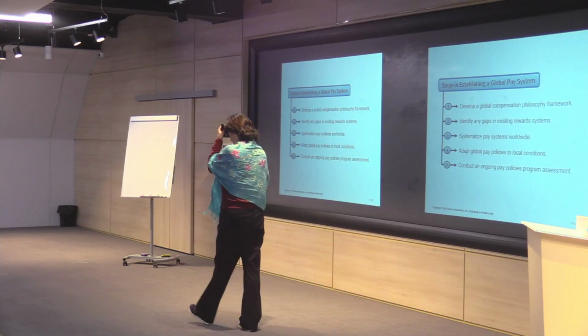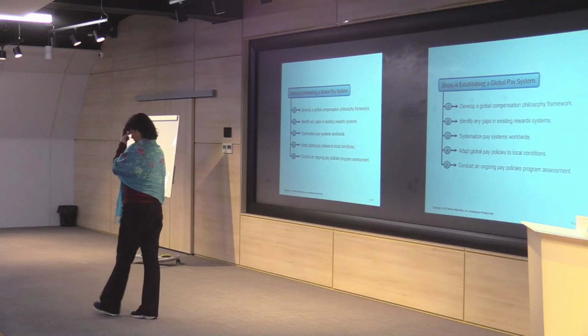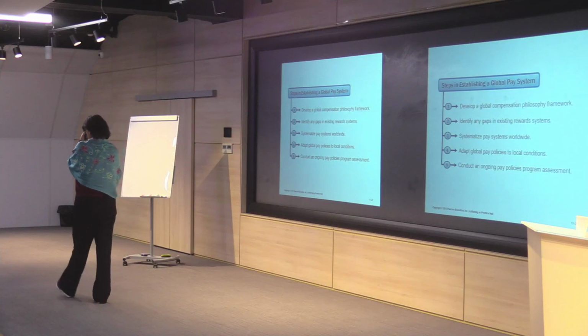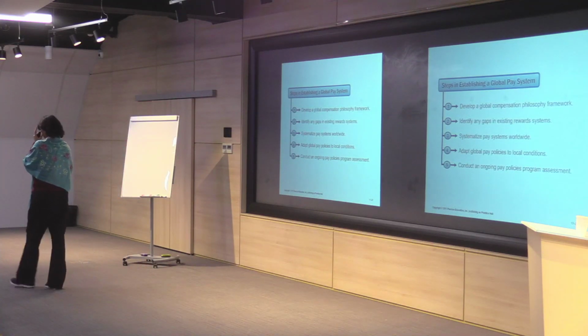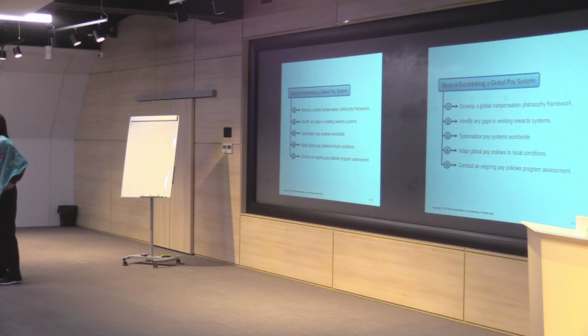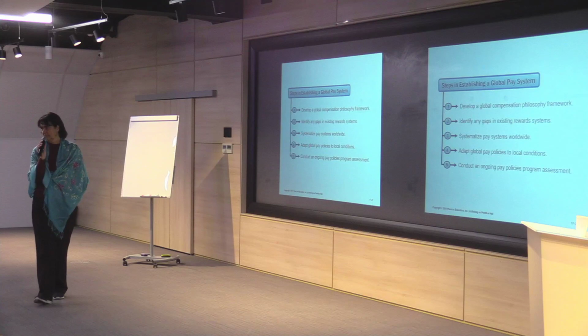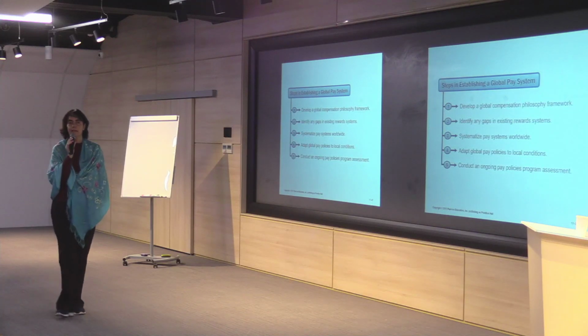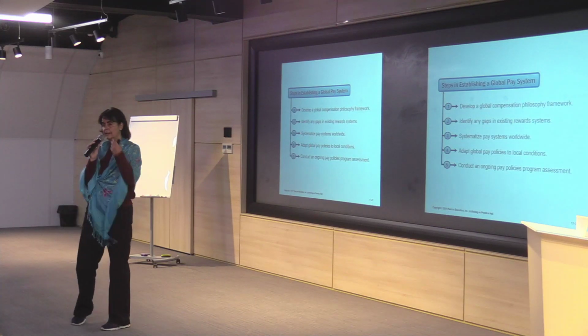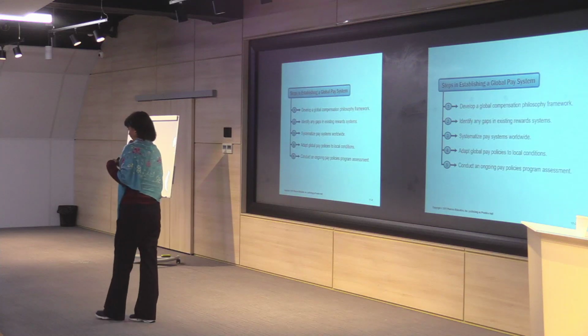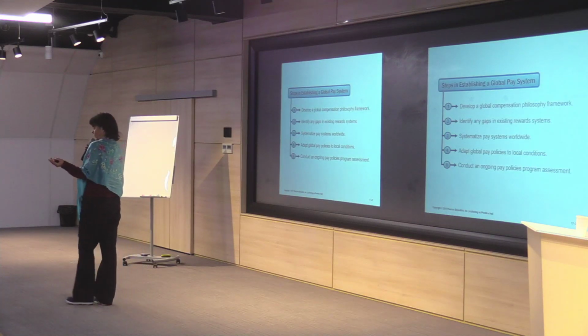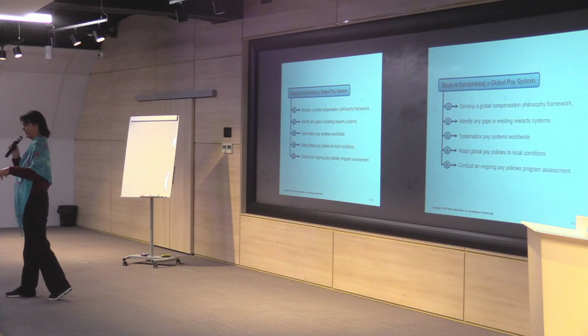You have, let's suppose, a Russian company sending a Russian expatriate to work in, let's say, Dubai. And they will be paying that individual 4 times more than that individual will be making here.